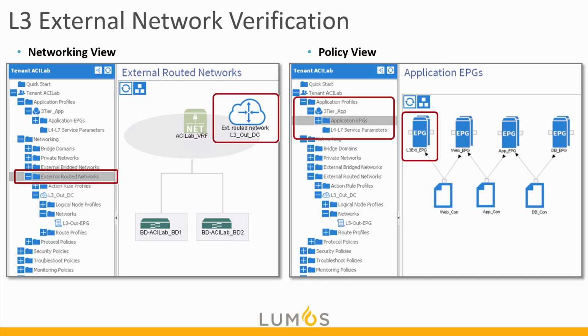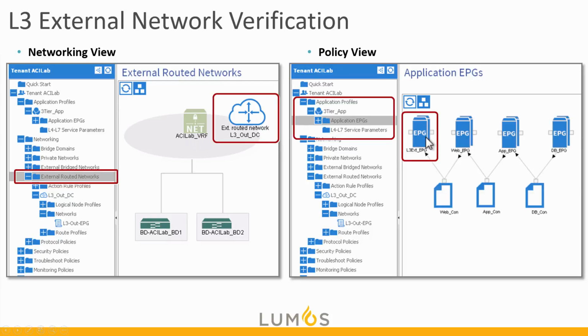And then we see our newly created external L3 out, and we do need to create a contract for it. For instance here, the web contract is being provided by the web server farm and consumed by the external users.